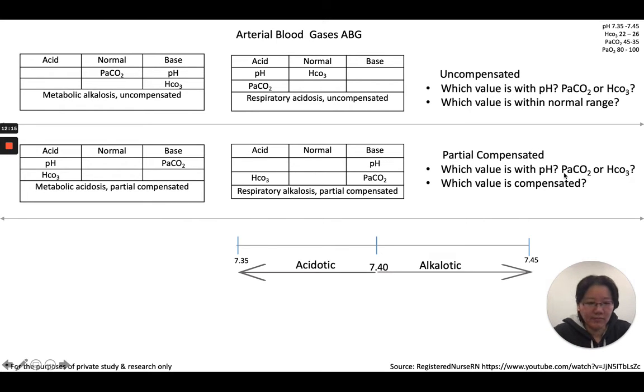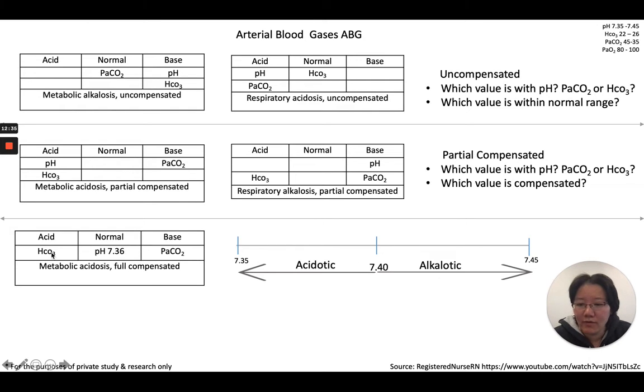Now, next one is about full compensation. You know how we got 7.35 to 7.45, which is the normal pH level. The 7.40 is going to be the middle line for it. We're going to use this graph to determine if it is acidotic or alkalotic. For full compensation, the graph is going to look like this.